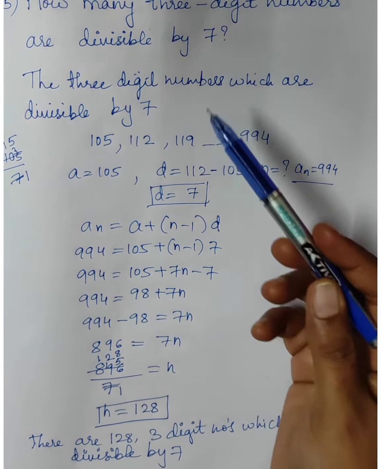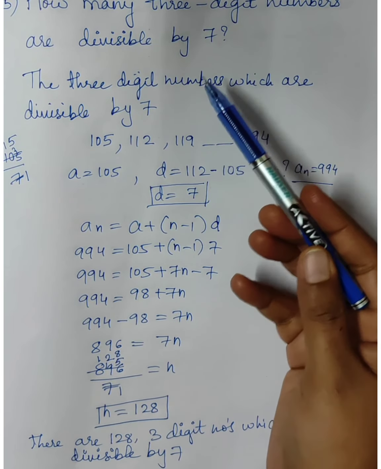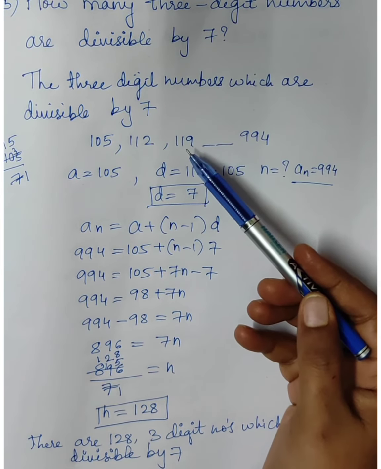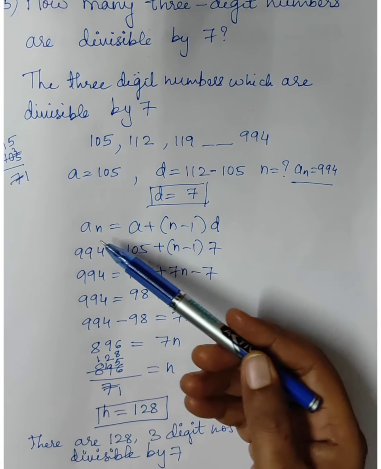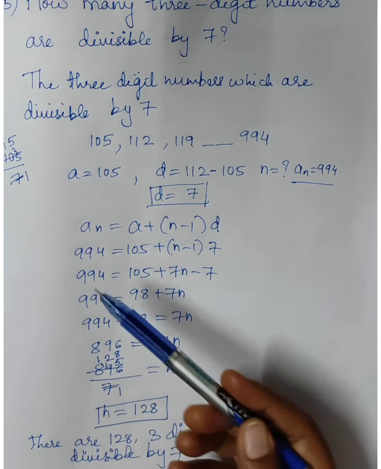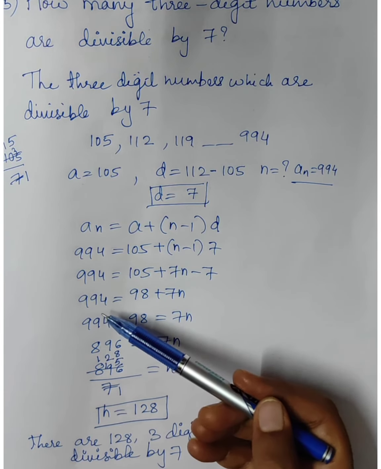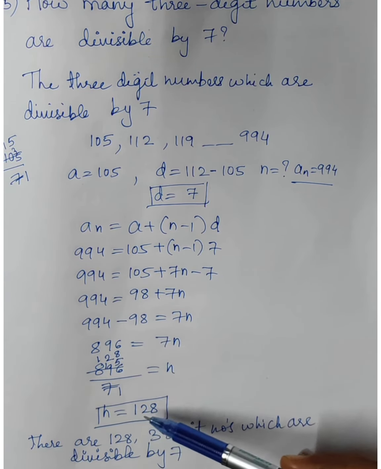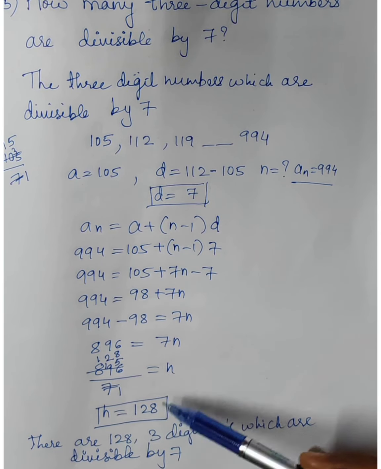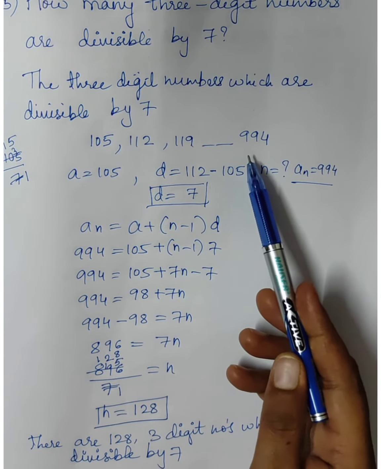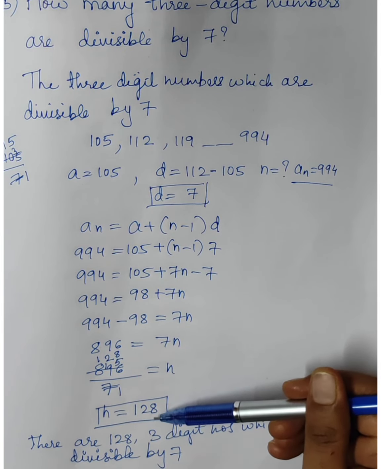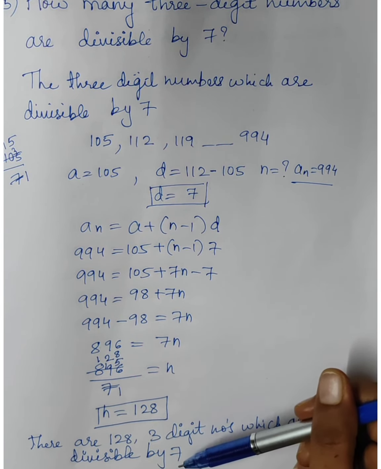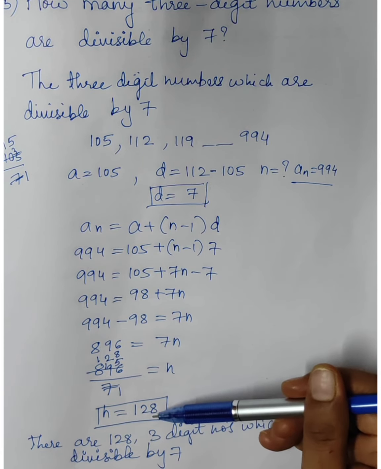See, the problem is very simple. You have to choose 3-digit numbers which are divisible by 7. Then you have to find the terms, then you have to substitute the values, then you will get the value of N as 128. So in this, now there are 128 values which are divisible by 7 and they are 3-digit numbers.